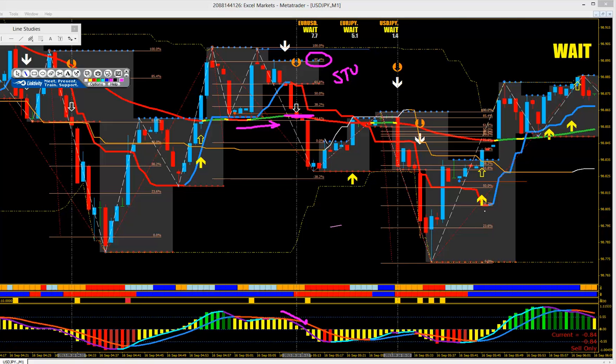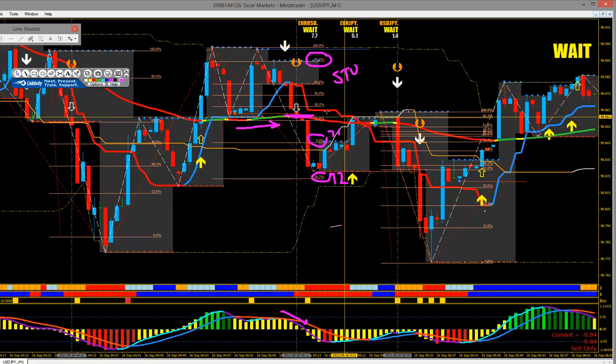Now here we have T1, T2. So in this case, it's probably not going to be a big trade. Down to T1, there's going to be 1.2 pips, down to say 3 pips there.